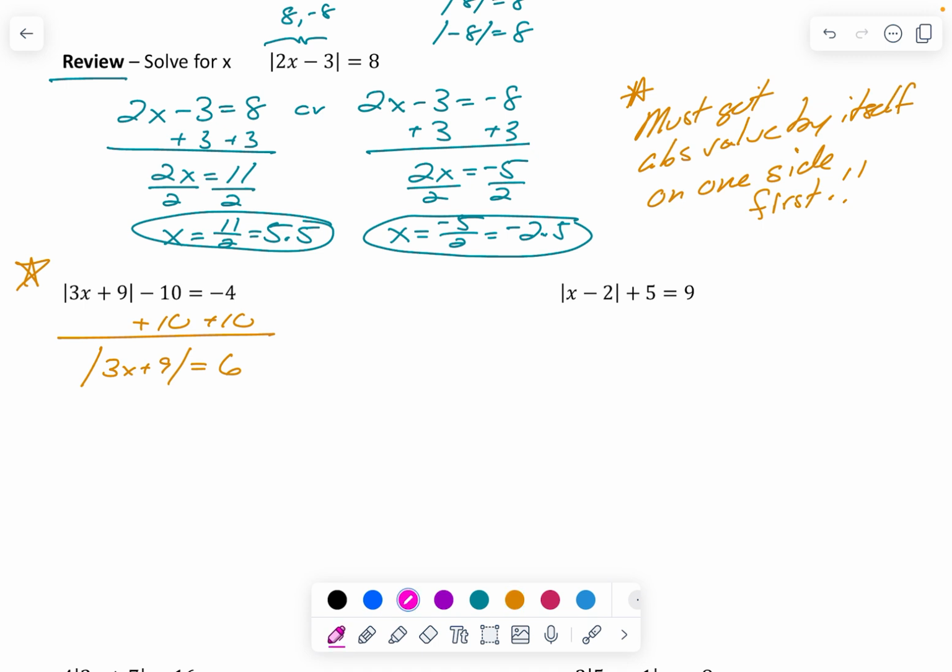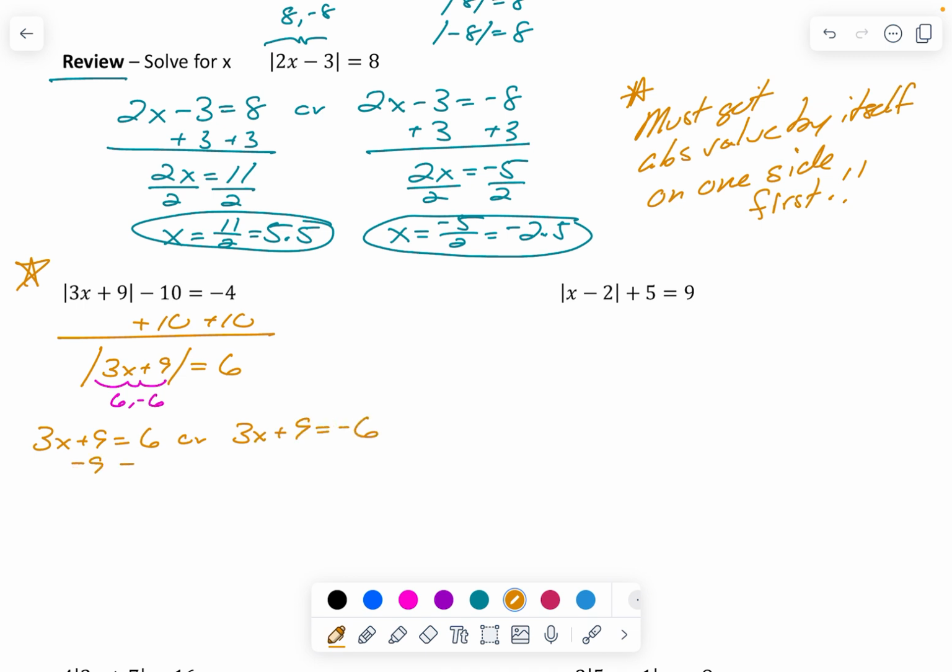Now is when we say, oh, okay, so if the absolute value equals 6, what's inside here could be 6 or negative 6. So notice, again, we have to isolate that absolute value on one side first. So now we can write 3x plus 9 equals 6, or 3x plus 9 equals negative 6.